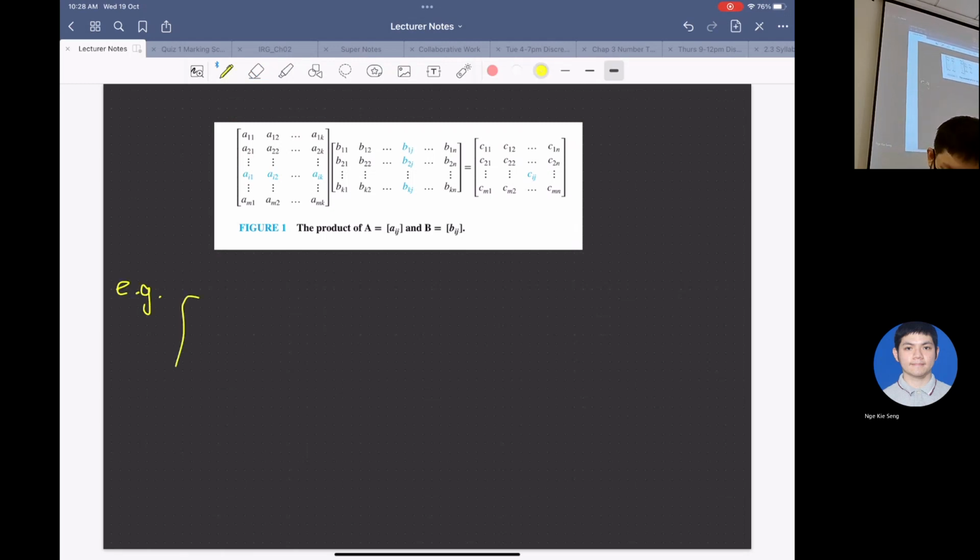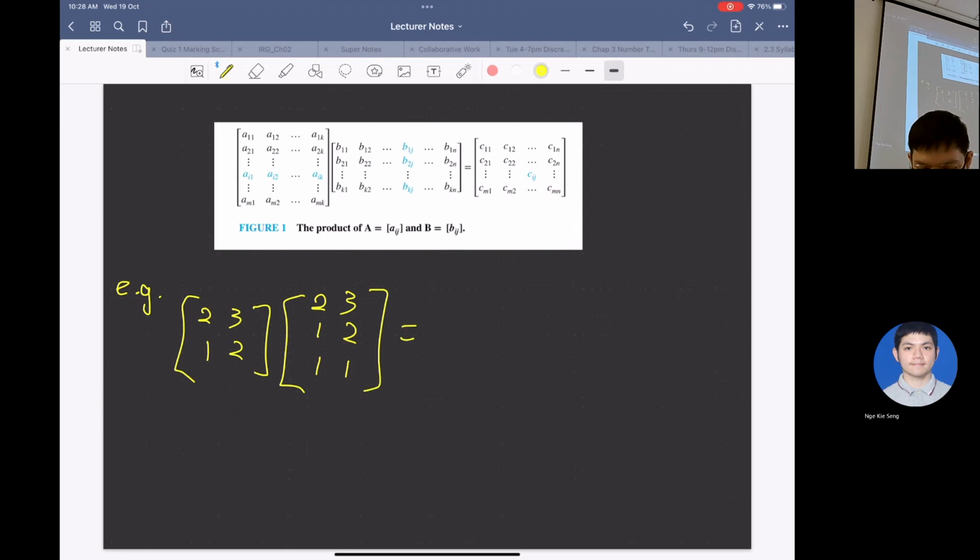Let's do 2 3 1 2 with 2 3 1 2 1 1. This one cannot multiply together, right? This one is 2 times 2, this one is 3 times 2. So change this, this one is wrong.